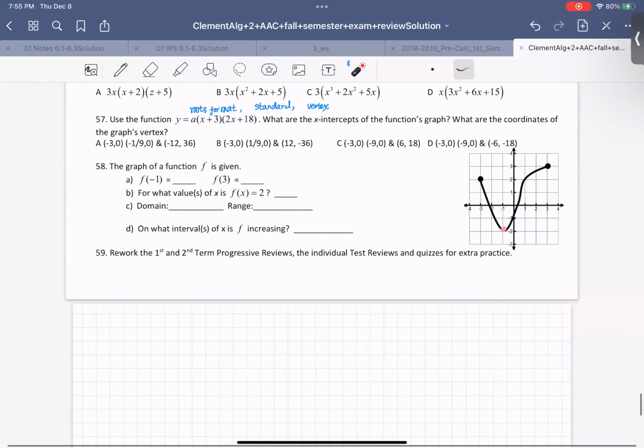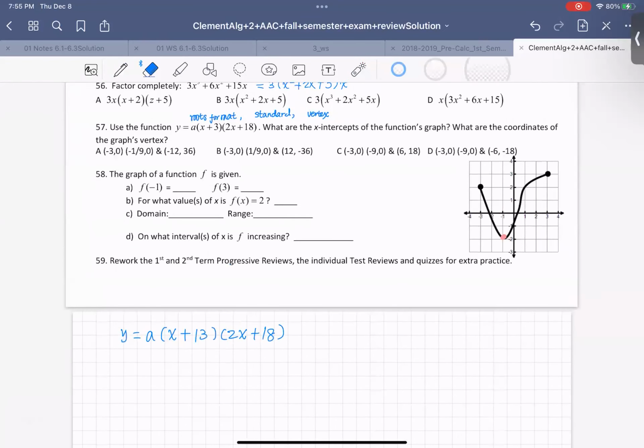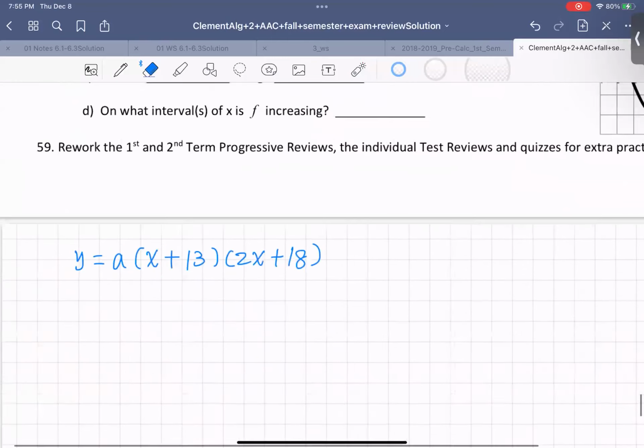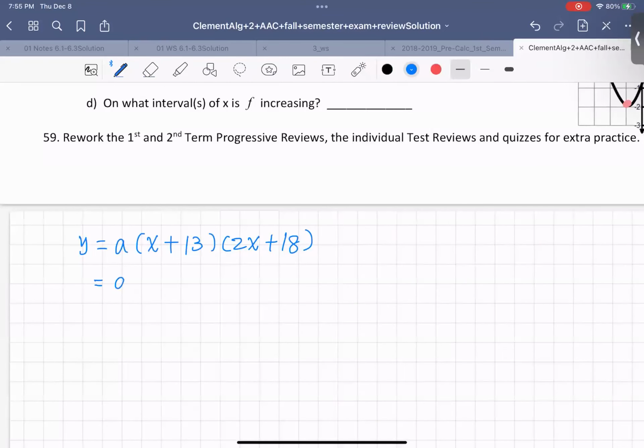Okay, I'm going to show this work anyway, okay? So y equals a times x plus 13 times 2x plus 18. If we want to change this to the standard format, we will do the following. I like to take the 2 out in front.